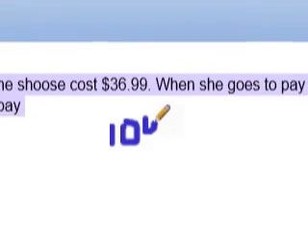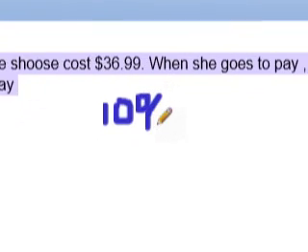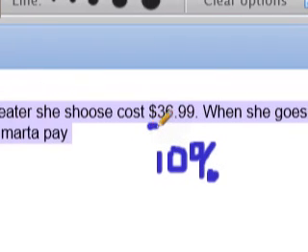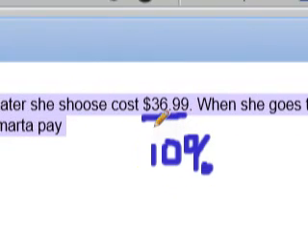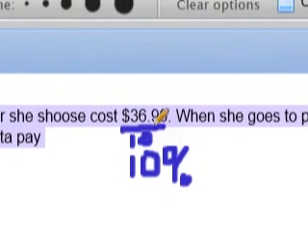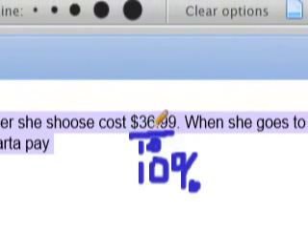The technique for 10% of any value is to divide the value by 10. We're just going to move the decimal point one place to the left.